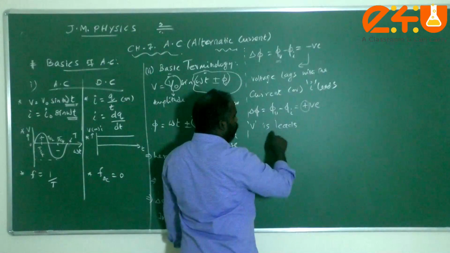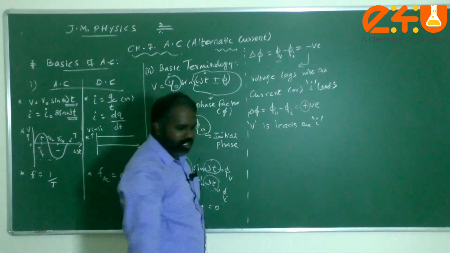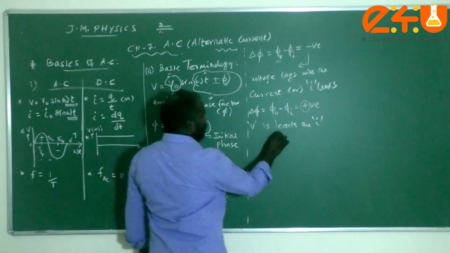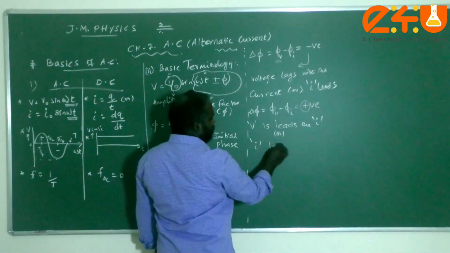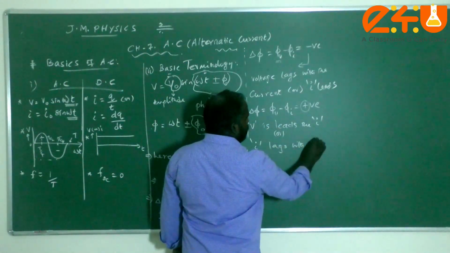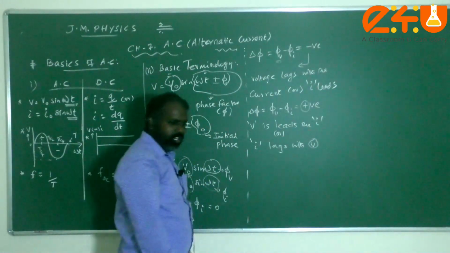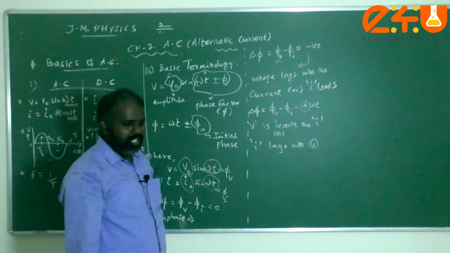That is current. So voltage leads the electric current. Or we can say that current lags with voltage. So this is the explanation about what phase difference is.